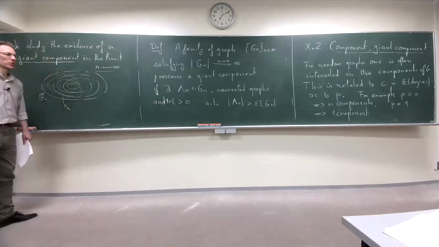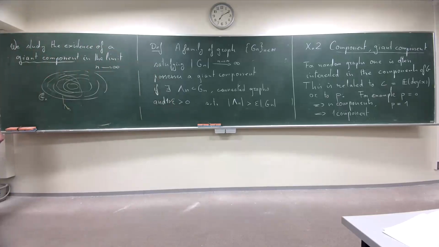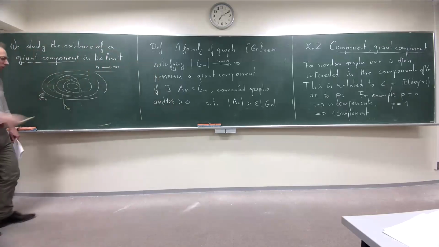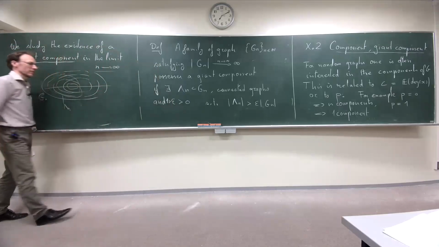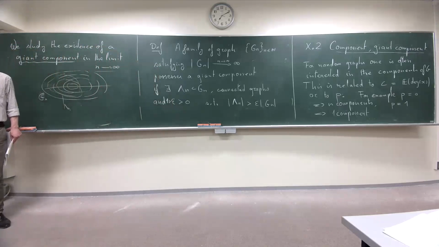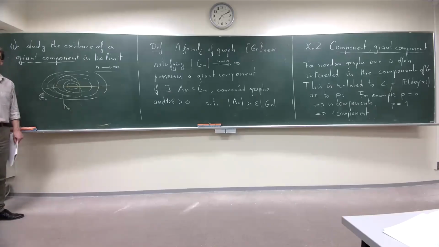I don't want to have a line in R2. If you think about the big graph as R2, one line could be, depending on the definition, a giant component because it also has an infinite number of vertices. But you have this idea that it's too small.